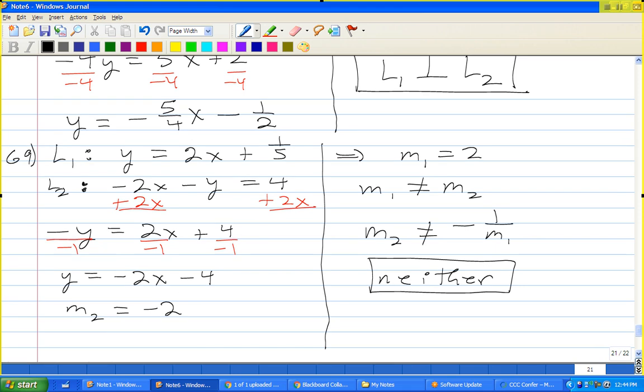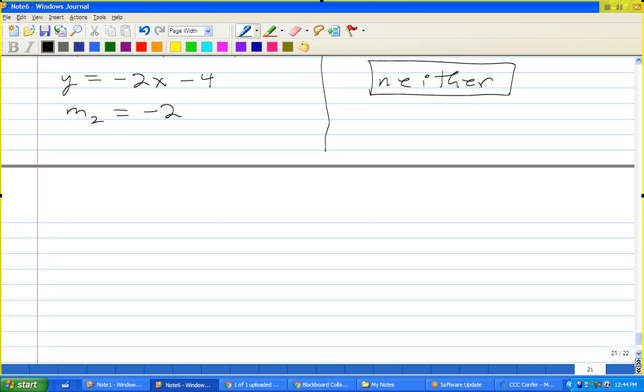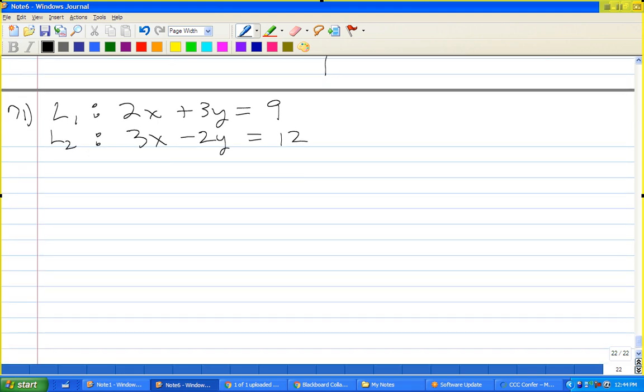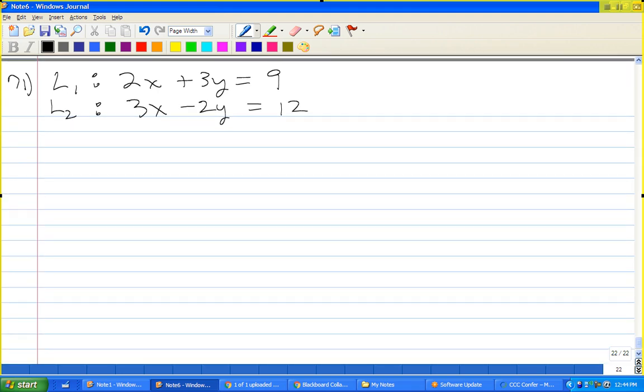Let me do 71. L1: 2x plus 3y equals 9. L2: 3x minus 2y equals 12. Okay, so let me solve L1 first.